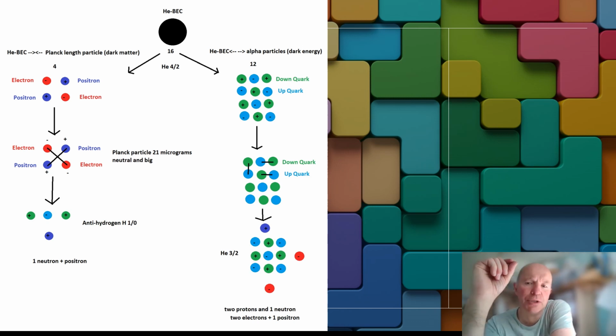Now, the relationship between the dark matter particle and the alpha particle going out, and the inward trajectory to produce the Planck particle or dark matter, they're quantumly entangled from that initial isotropic state of the He-BEC singularity 13.8 billion years ago, and that entanglement gives a relationship of 1 divided by the other, which is around 3.14 e to the 69.